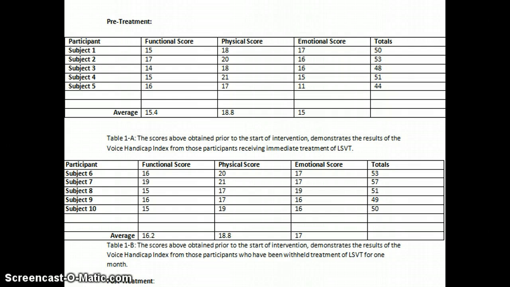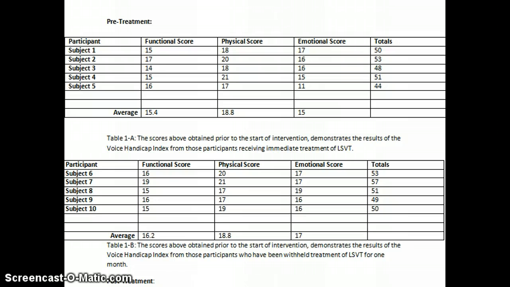For subject 2, we have 17 as a functional score, 20 as a physical, and 16 as an emotional, for a total of 53, which is moderate to severe. Subject 3, we have 14 for functional, 18 for physical, and 16 for emotional, leaving a total of 48, which is moderate.